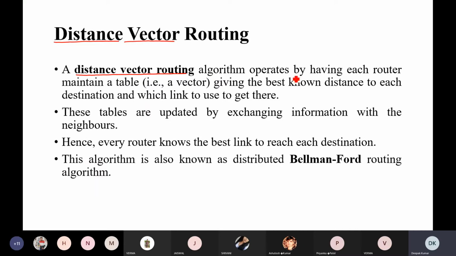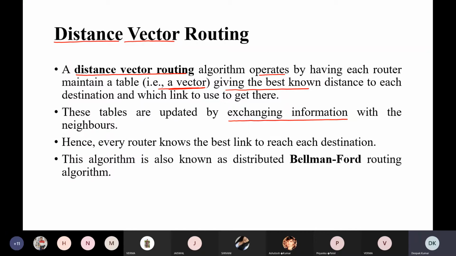So the routing algorithm operates by having each router maintain a table, that is a vector, a single column that is shared, giving the best known distance to each destination and which link to use to get there. These tables are updated by exchanging information with neighbors.